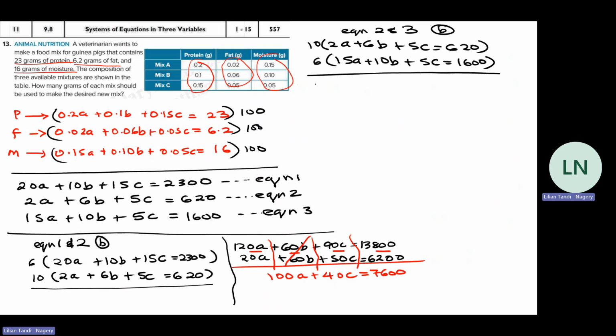So what is my new equation? 20a, 90a, 60b, 60b, 50c, 30c, 6200, and 9600.